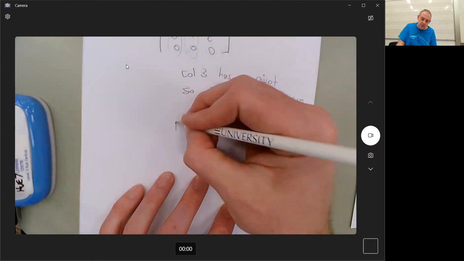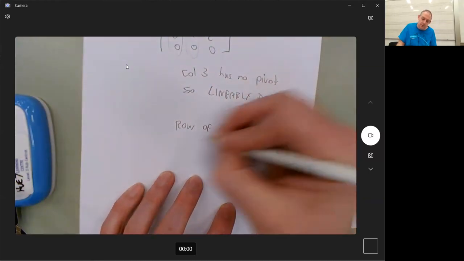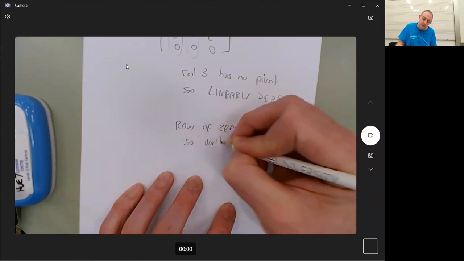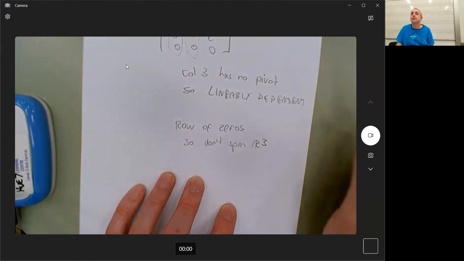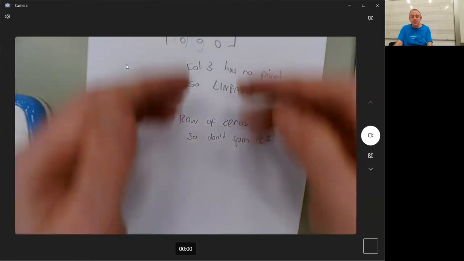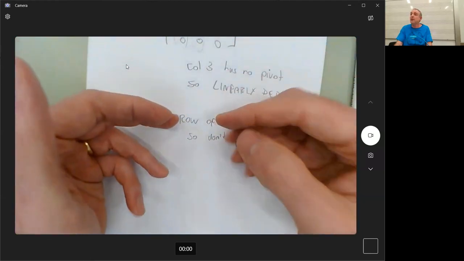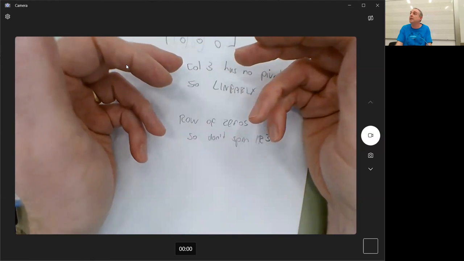And there is a row of zeros, and so they don't span R3. Now, the rows of zeros don't tell you whether they're independent. If your vectors have lots of coordinates, then you can have many rows of zeros before it stops being linearly independent.